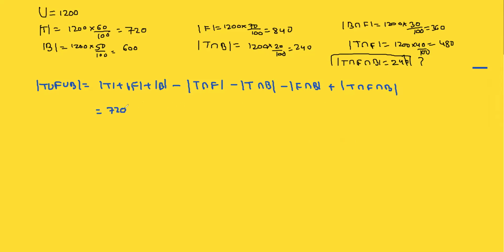What is T? 720, 600, 840, 240, 310, right? No, no, that is union. Union means for the whole university.